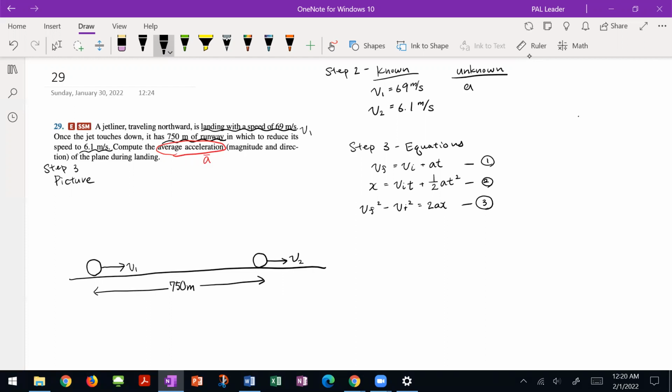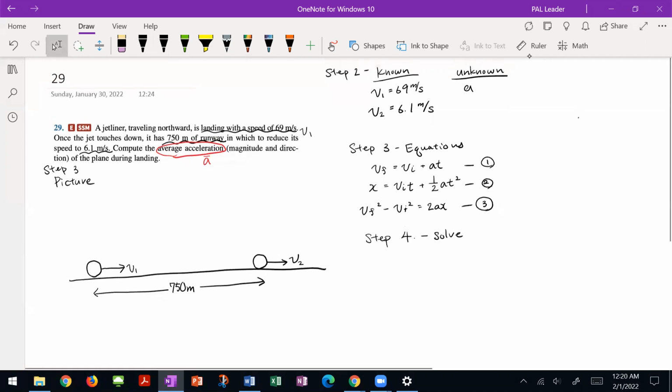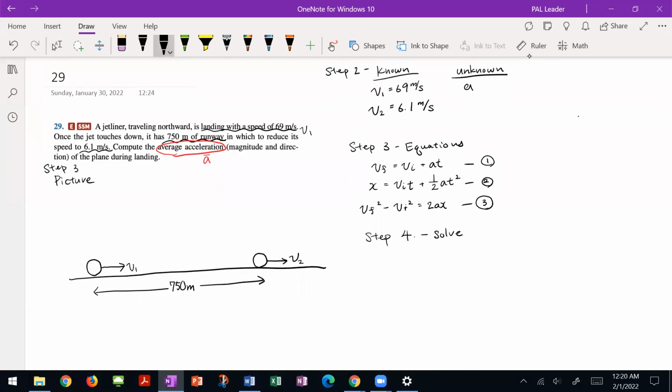So now I'm going to try and solve. We are asked to find acceleration. We have acceleration in all of these equations. So let's just look at the first one, V final. This is going to be like our final state, right?